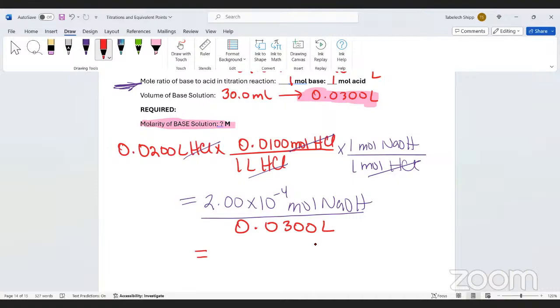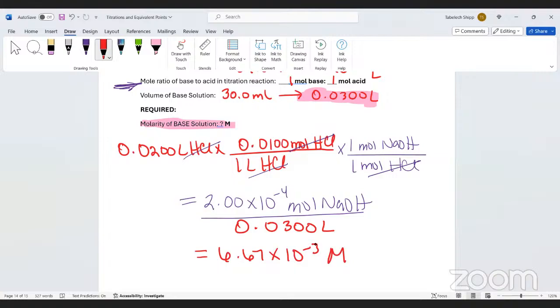It's not. 6.6666 times 10 to the negative third. Well, if it makes you feel better, you only need 3 of those numbers. So you're going to say 6.67 times 10 to the negative third molarity.